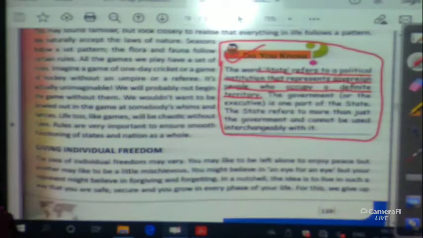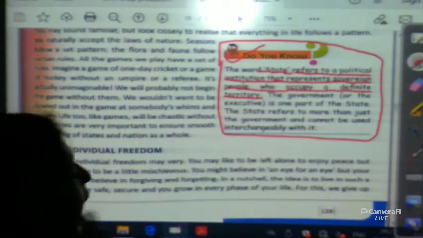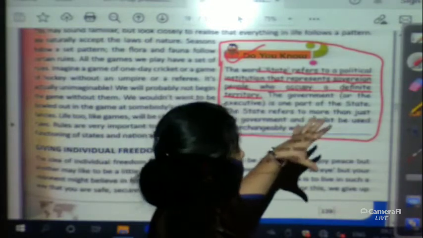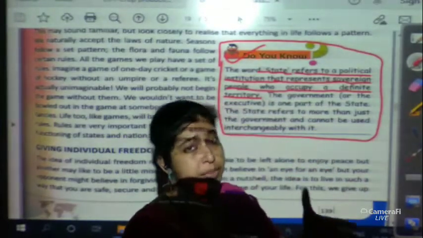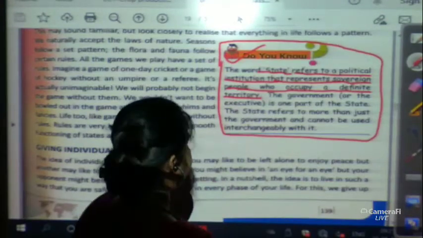What is the meaning of this sentence? The word state refers to a political institution that represents sovereign people who occupy a definite territory. That means who have one particular territory, and sovereign means supreme power. That means who have a supreme power, and may occupy a particular region or area.